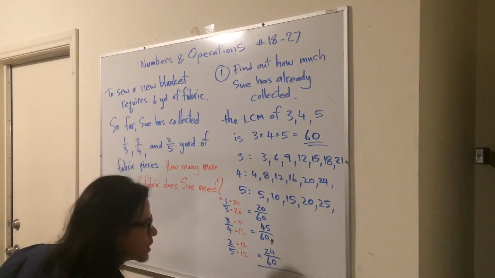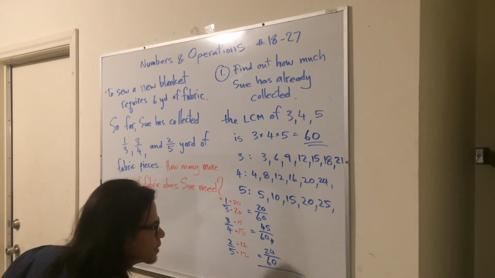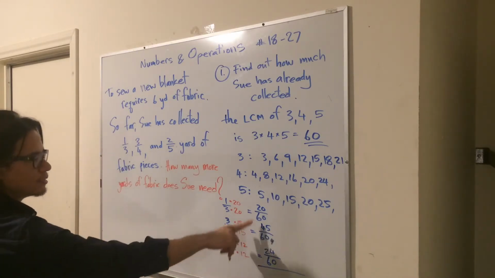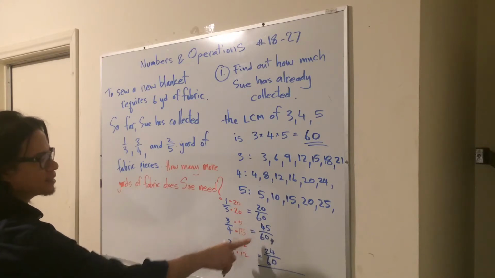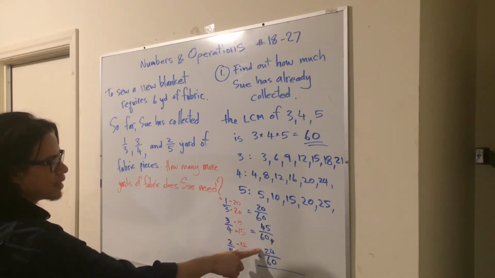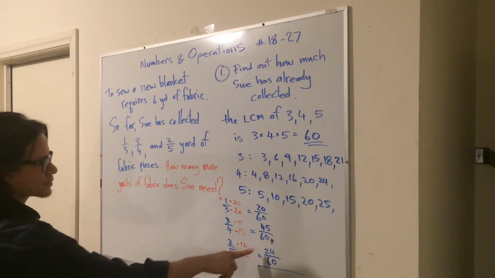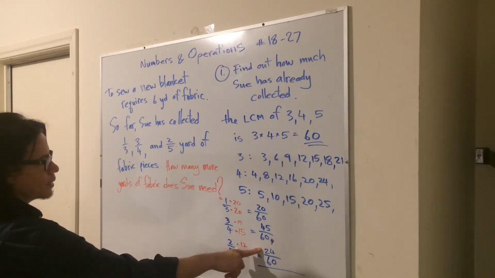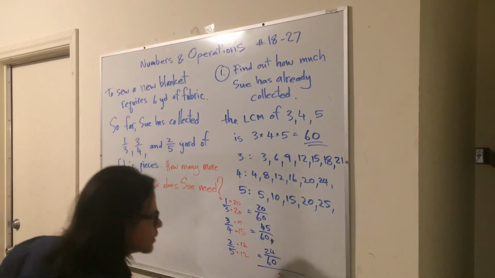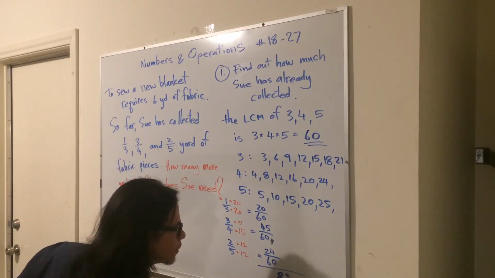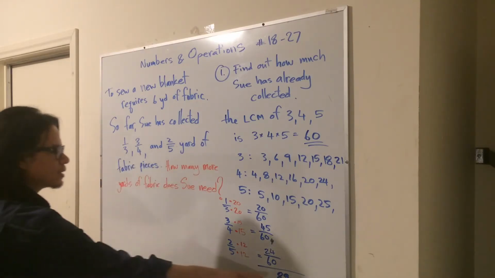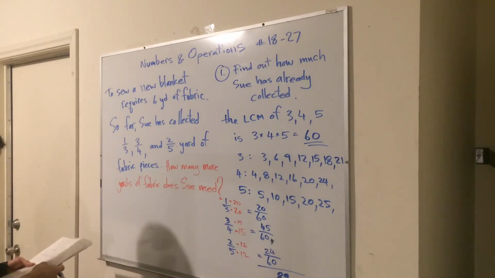The bottom number stays the same, 60. For the top number, 20 plus 45 is 65. 65 plus 24 is 89. So far she's collected 89 over 60 yard of fabric.